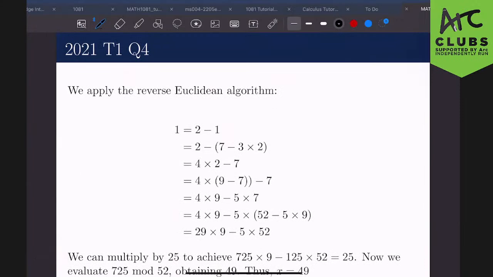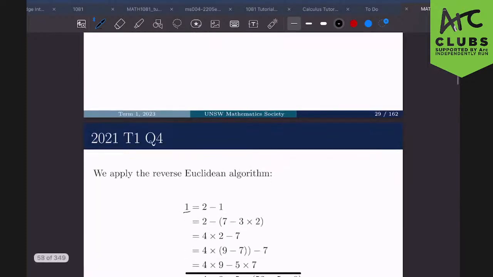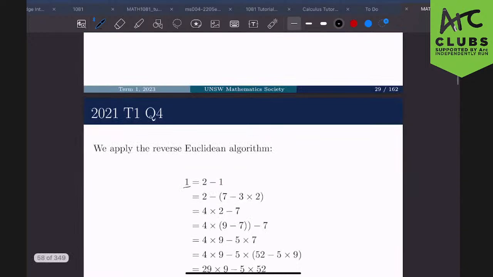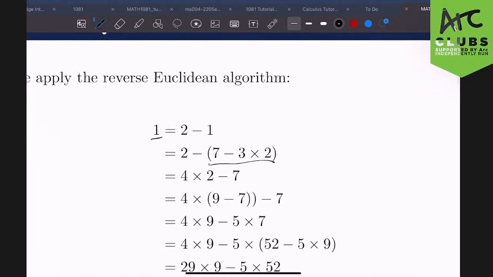So I'm just repeating this process of substituting in. 1 is the GCD, so this will always be the same. I'm just going from this bottom line, rearranging it to become 1 equals 7 minus 3 times 2. And then I'm substituting in here.